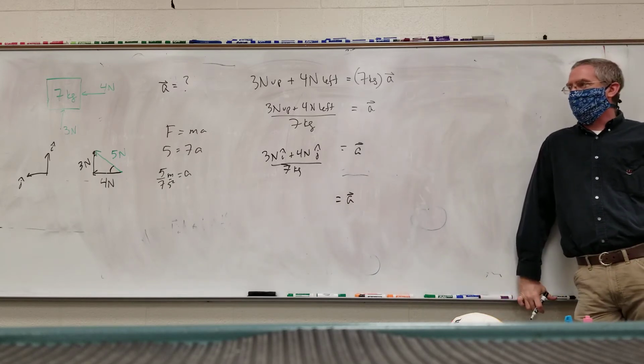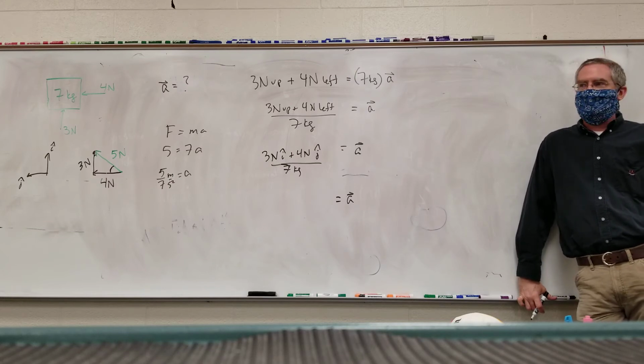Let's bring it on home. How do we simplify this? How do we divide an addition problem by a single number? Take 3 divided by 7.